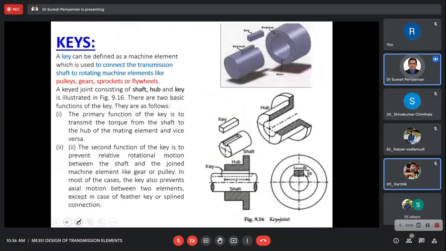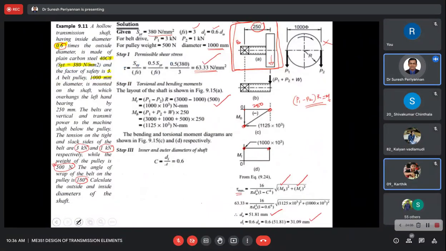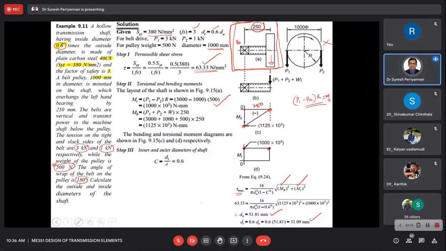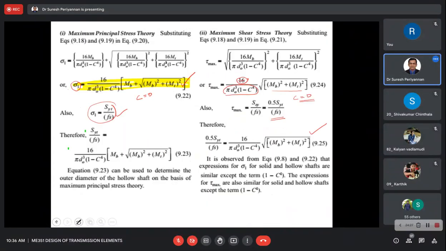Okay, now we move to the keys. If you have any doubt, please go ahead. The same problem we discussed earlier can be considered for a hollow shaft. Please be careful.